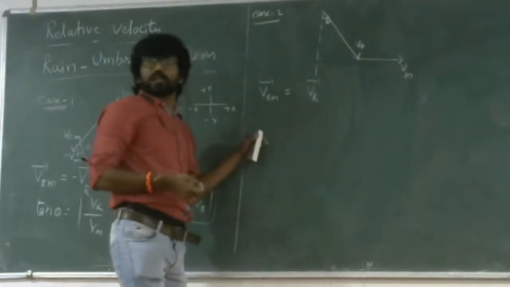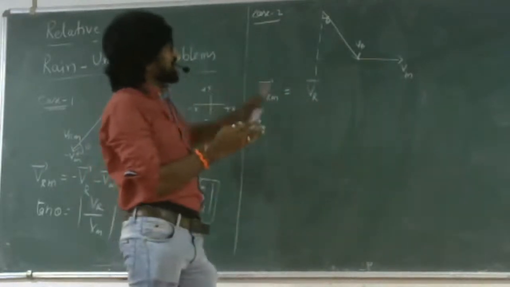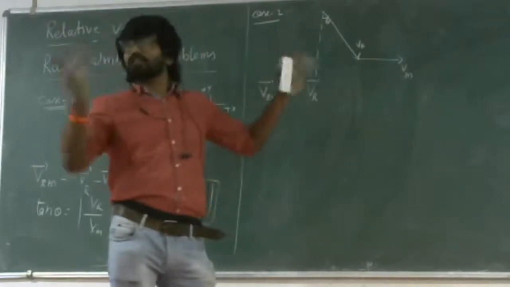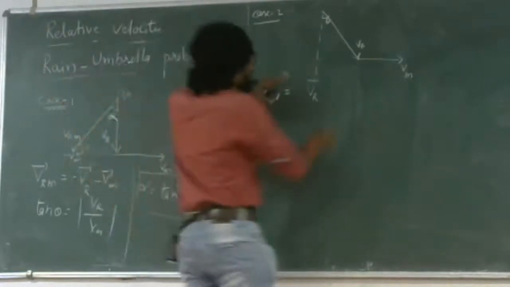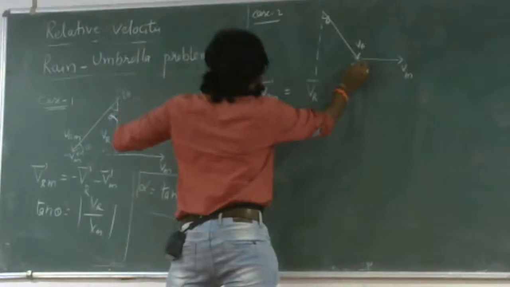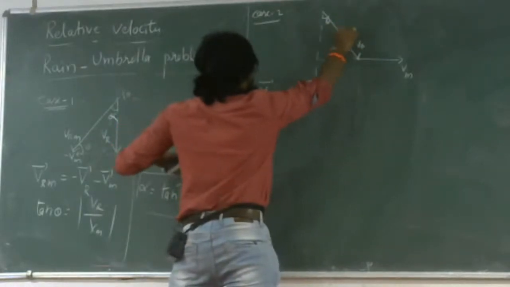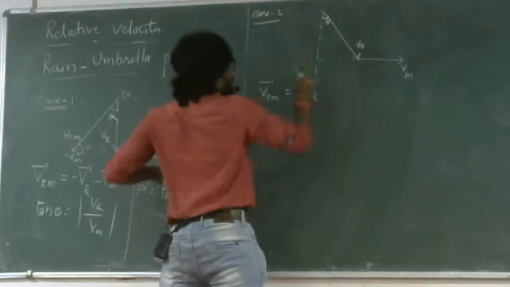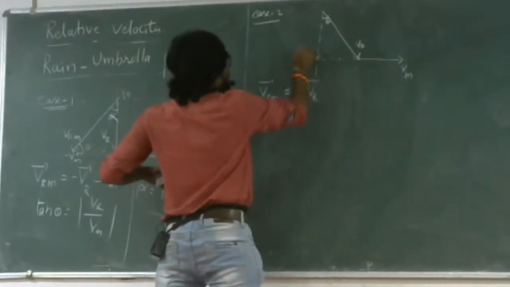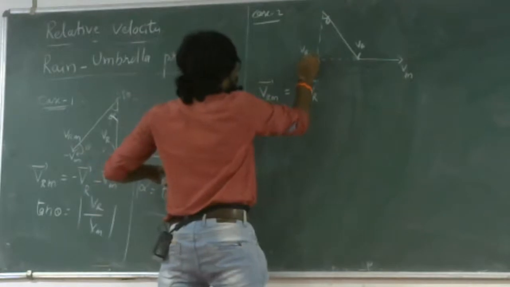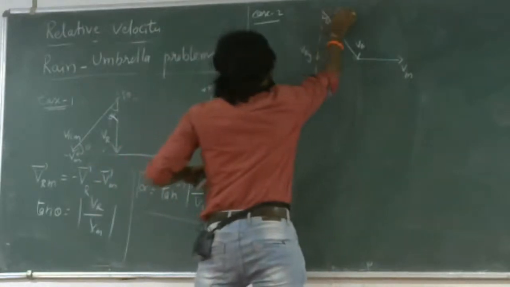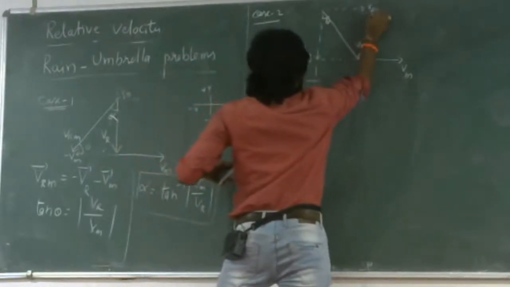But actually speaking, if I want to take it in vector form, resolve into horizontal and vertical components. So to understand that, let us see specifically. So this is theta. If you resolve VR, if you say this is y direction, negative y direction, this will be the VRY component, and in this direction we get VRX.